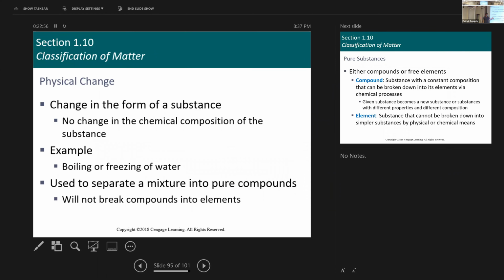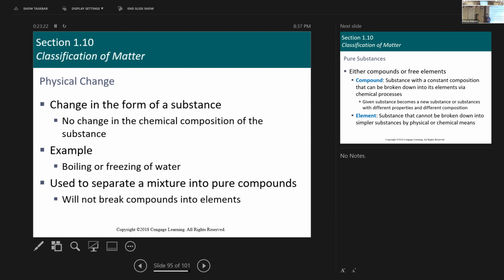Okay, fine. So physical change, there's two types of changes from these types of substances or mixtures. There is a physical change or a chemical change. So a physical change is basically a change in which the chemical composition does not change. So if you rip a piece of paper in half, each side is still paper, still carbon.